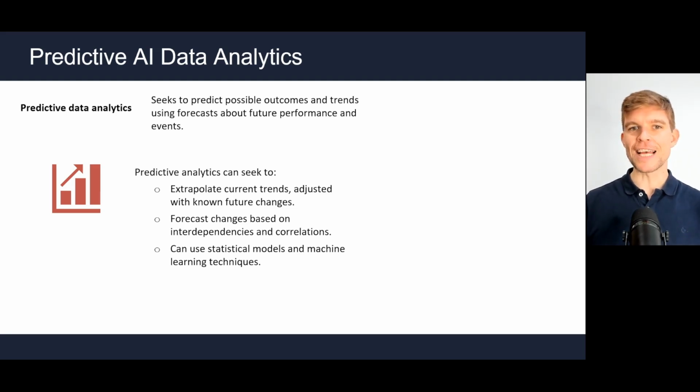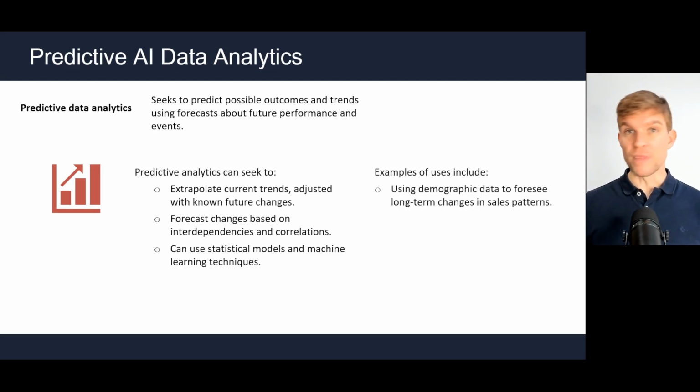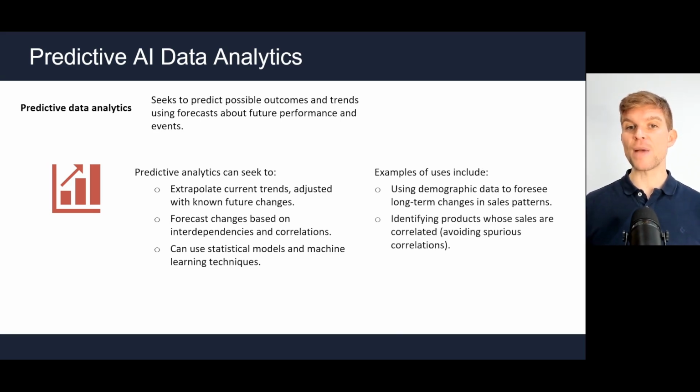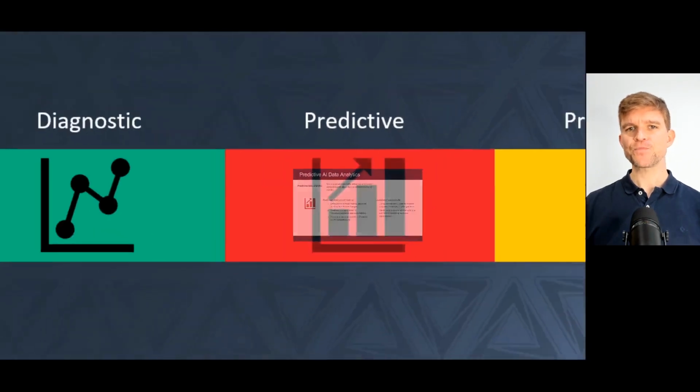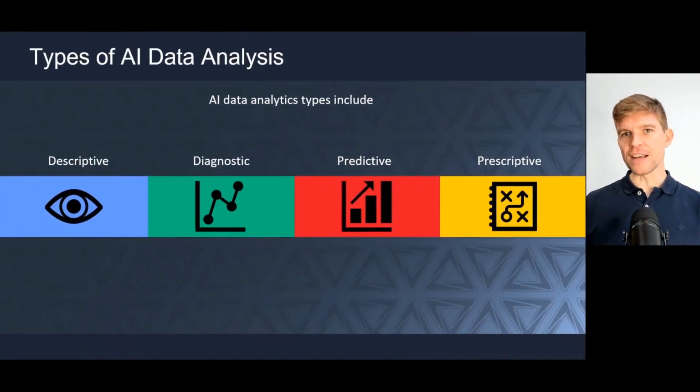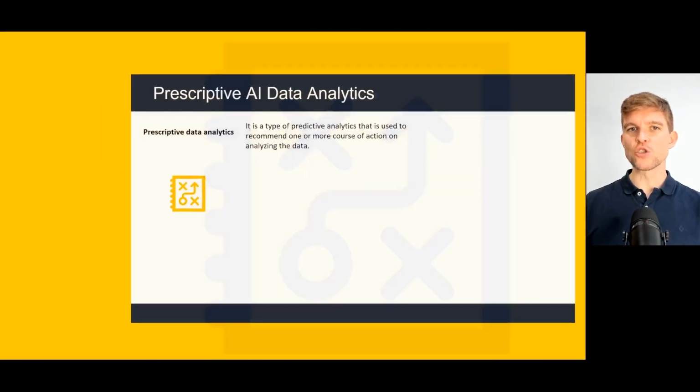Anyway, statistical techniques that we can use machine learning techniques on to really understand where we're going towards. Examples of uses include the demographic data that I told you about to foresee long-term changes in sales patterns, or identifying products whose sales are correlated, and we know some things about one product, we might be able to correlate it with another product.